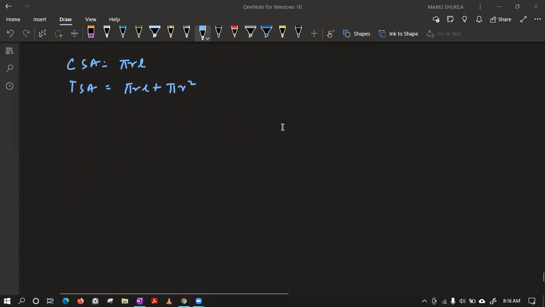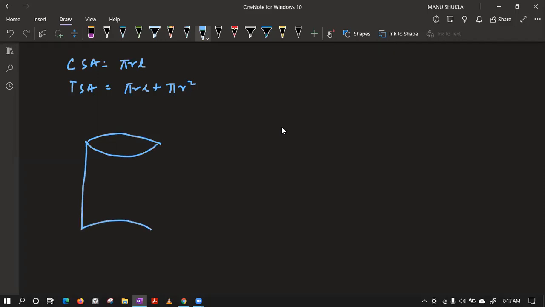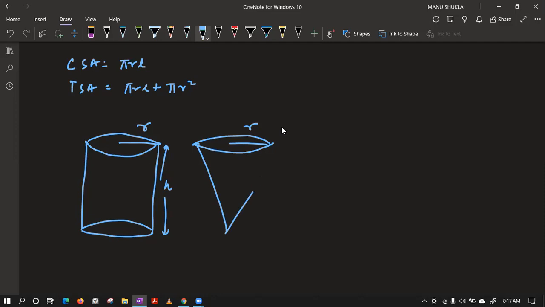What we observed is, if we have a cylinder of radius r and height h, and a cone of the same measurements, that is same radius r and same height h, what was observed?